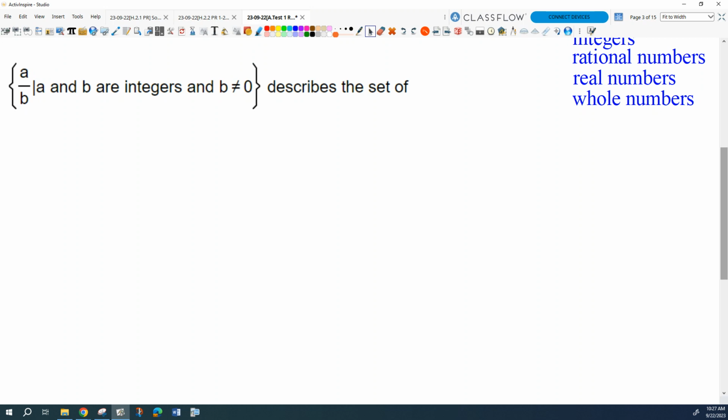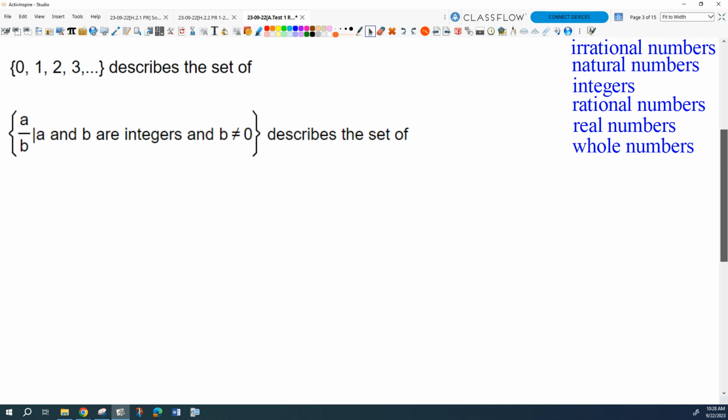It's using that weird set builder notation. The set of all a over b such that a and b are integers and b is not equal to 0. Well, what set of numbers does that describe?